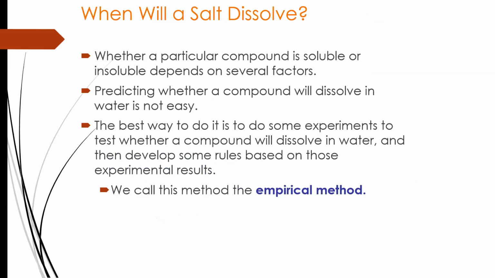In some ways it's the most reliable because you're going to find out for sure whether that thing dissolves or not. In other ways, it takes a lot of work. You have to try every single one in order to do it. Instead, we're going to introduce what we call the solubility rules.